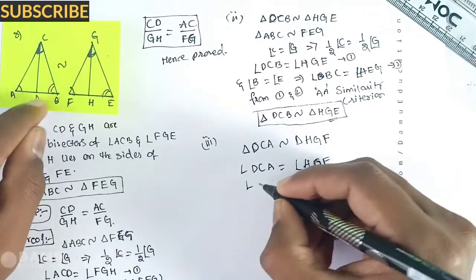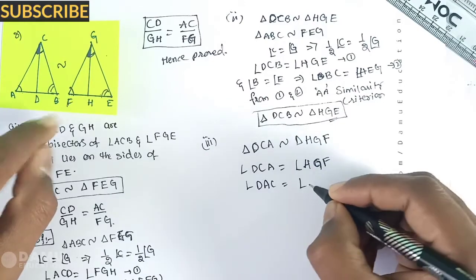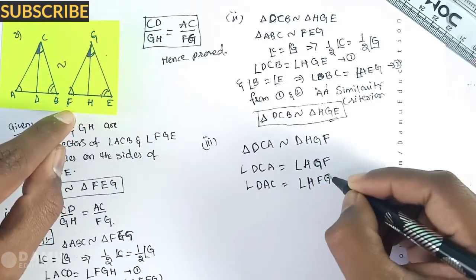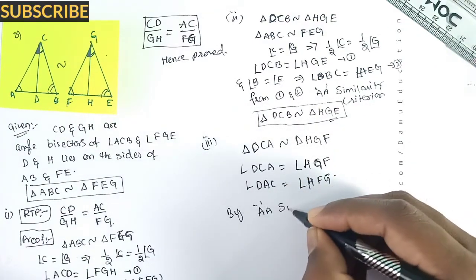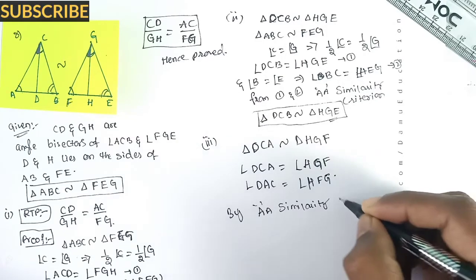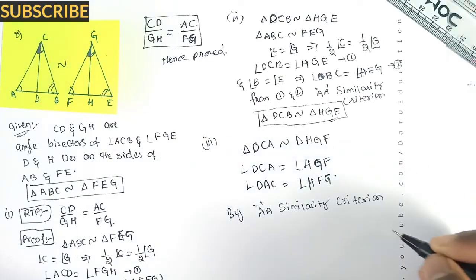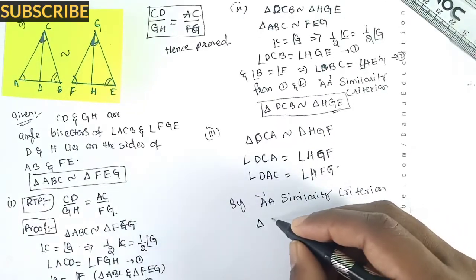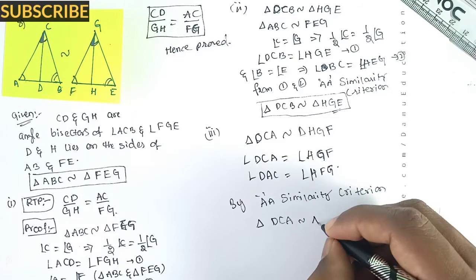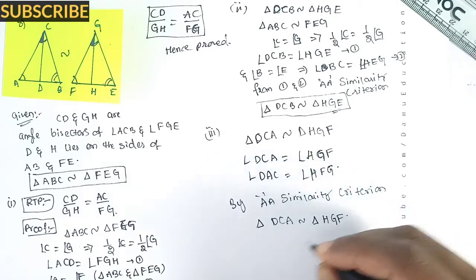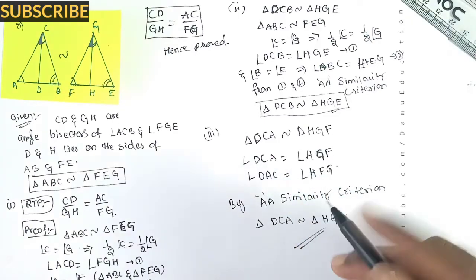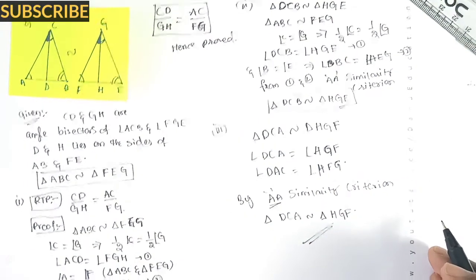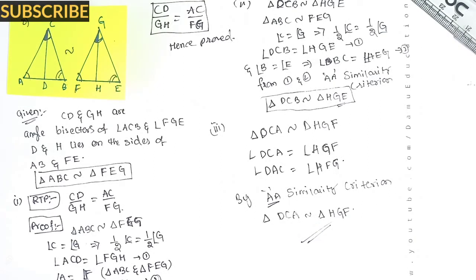Then angle DAC is equal to angle HFG. So by the AA similarity criterion, triangle DCA is similar to triangle HGF. If any two angles are equal, you only need to remember this one condition: by using the AA similarity criterion, you can say the given two triangles are similar to each other. Like that we have to find it.